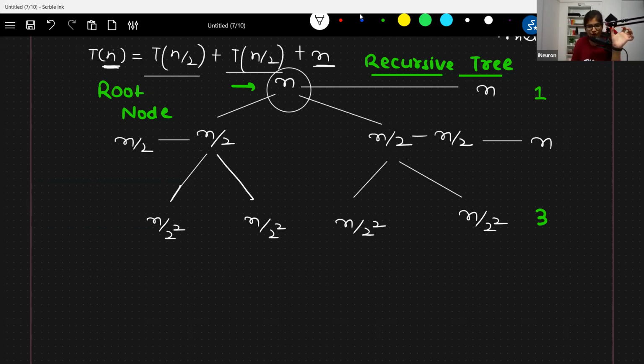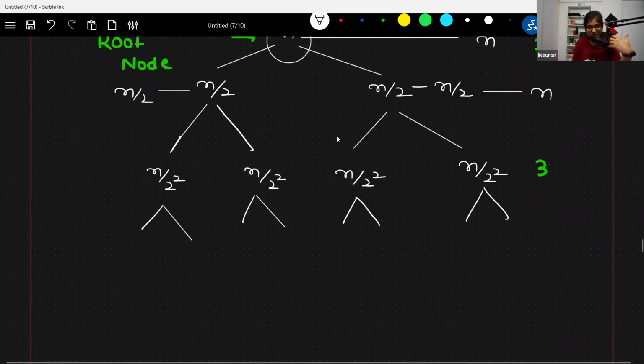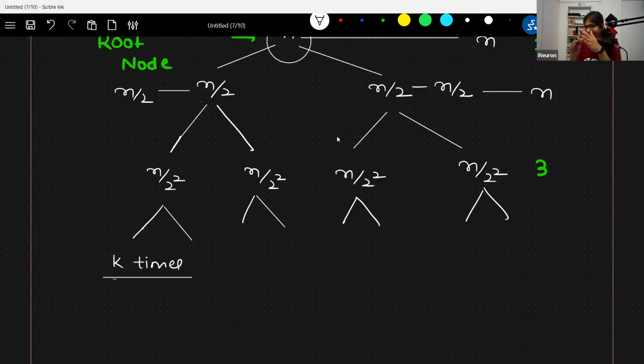Again, you will do the further split. Now the question is, until how many times should I do the same kind of split? Suppose I am doing the same splitting until k number of times.